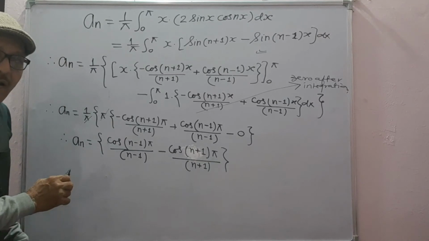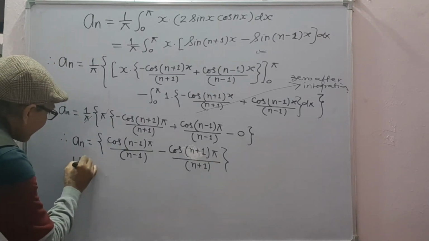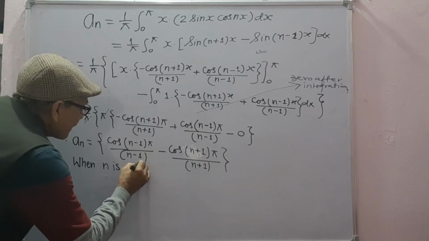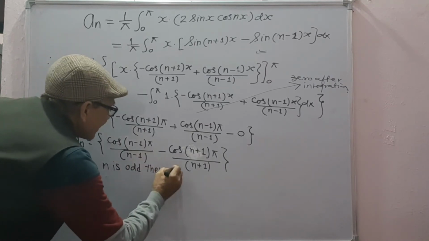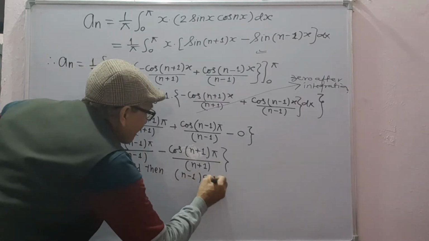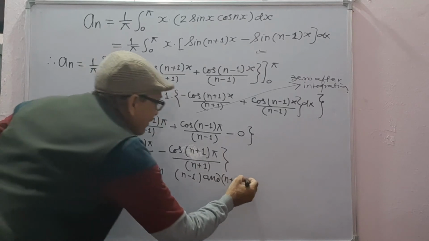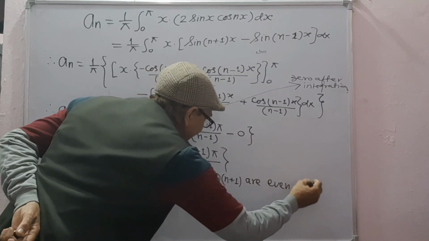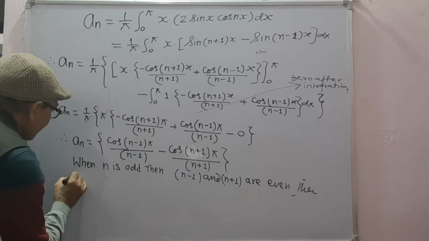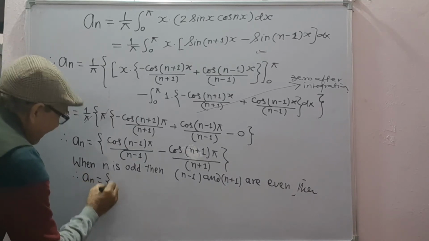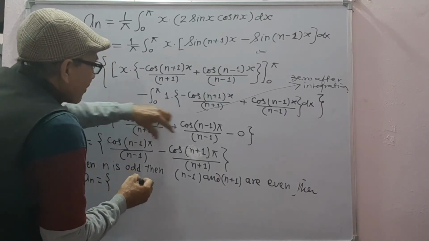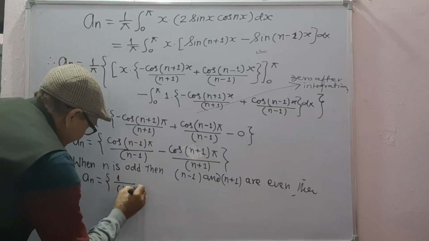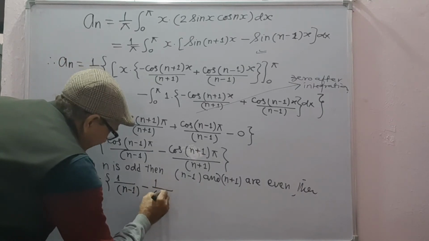When n is odd, then both n minus 1 and n plus 1 are even, then the above equation gives an becomes equal to cos even pi is 1, cos even pi is 1, so we get 1 upon n minus 1 minus 1 upon n plus 1.